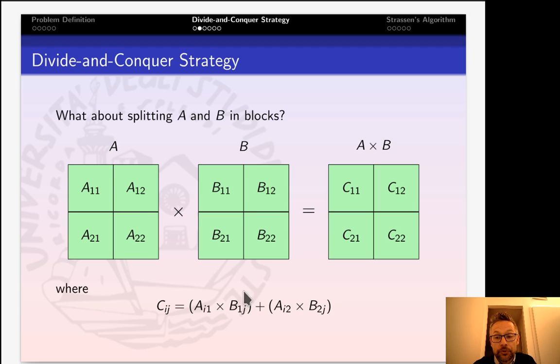So these two multiplications can be performed again by splitting these blocks into other smaller blocks, and so on and so forth, until we end up with blocks having just one element of the original matrix.